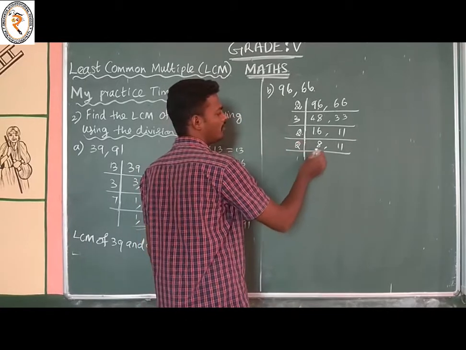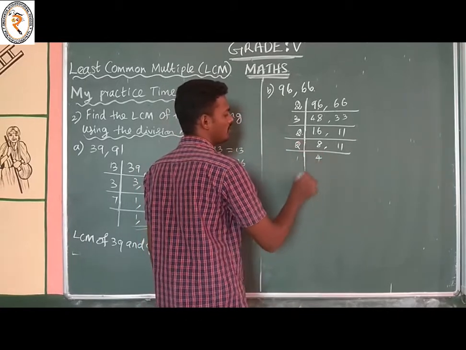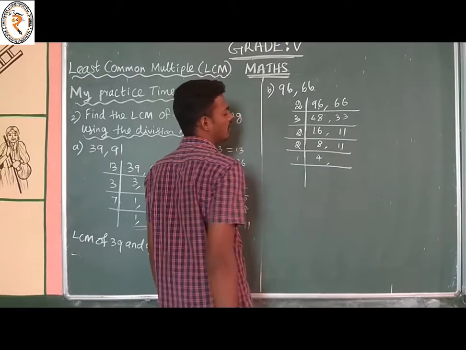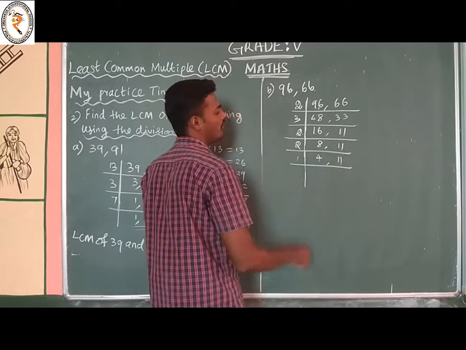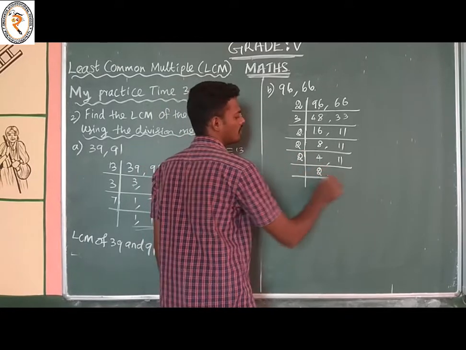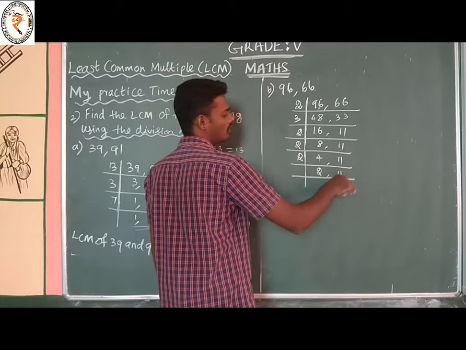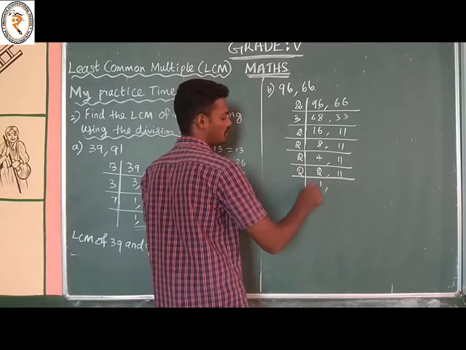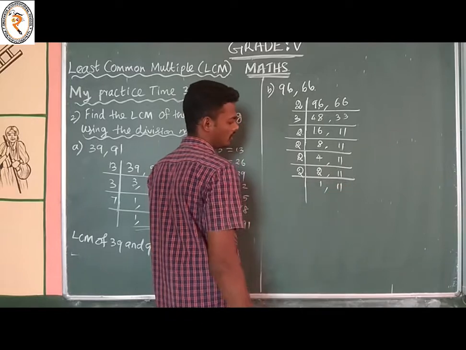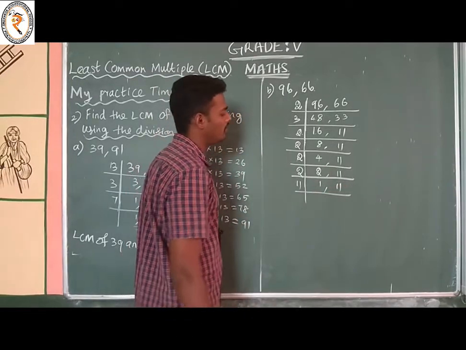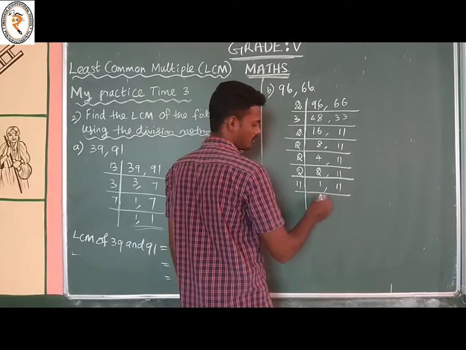Again, in the second table, 8 comes 4 times, and 11 is not in the second table, so bring down the value 11. Next, again in the second table, 4 comes 2 times, bring down the value 11. Again, in the second table 2 comes 1 time, and 11 in the 11th table comes 1 time.